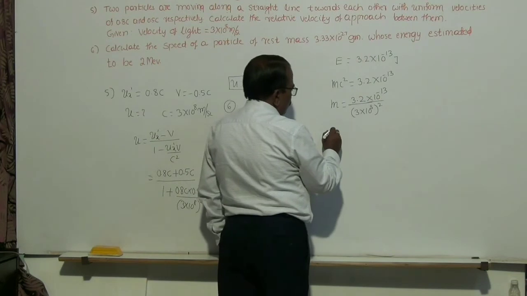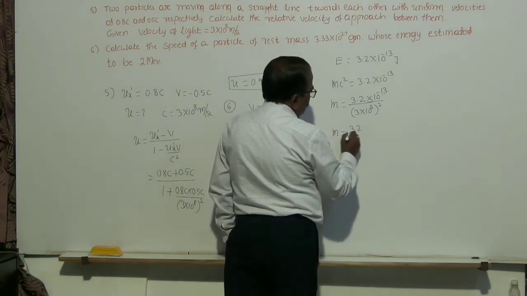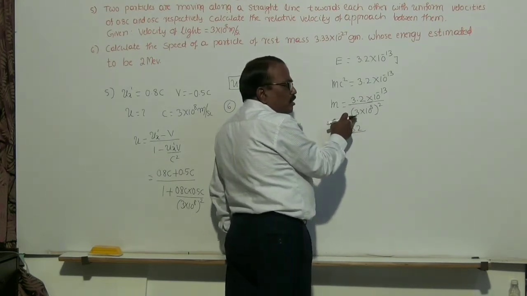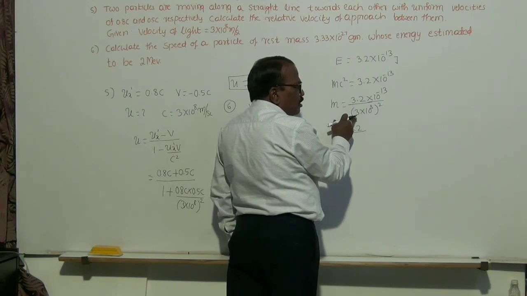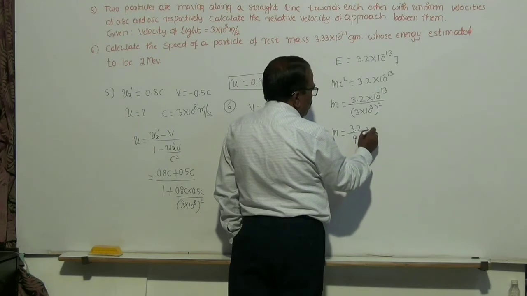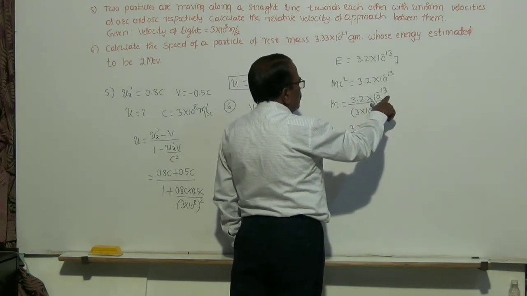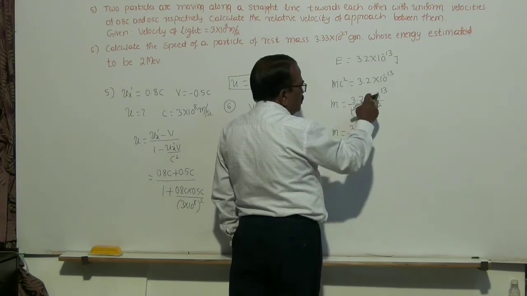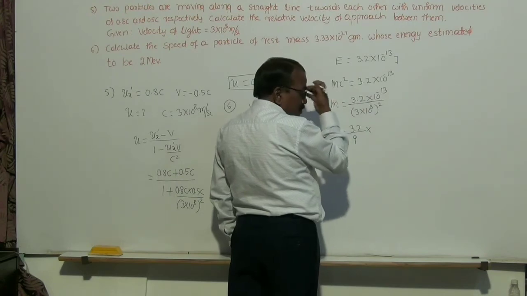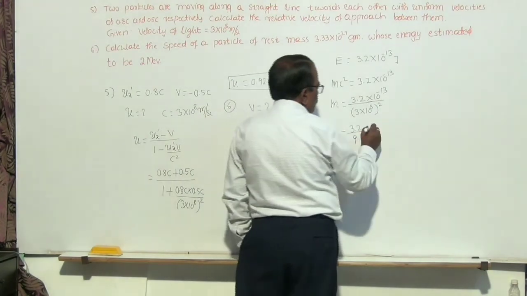Or this is m is equal to 3.2 divided by, this is 3 into 3 is 9. So this is 9 into 10 raised to 16 plus this 13. 16, 13, 26, 27, 28, 29 it is.